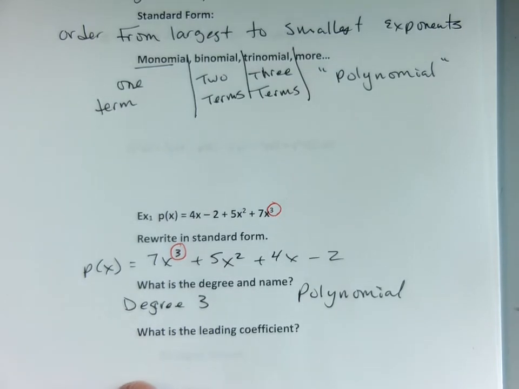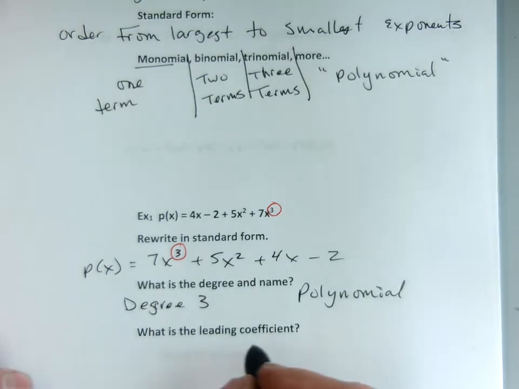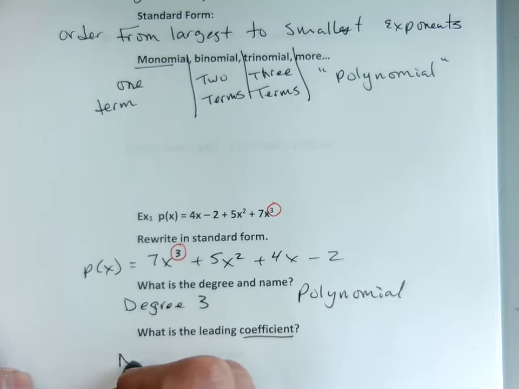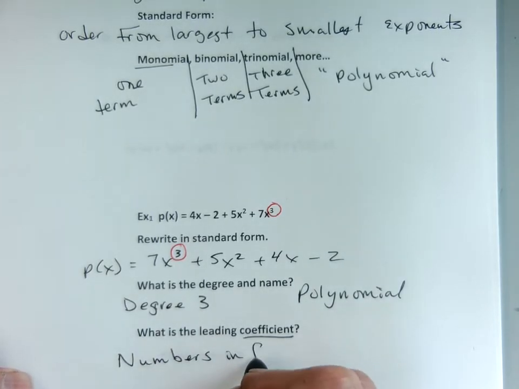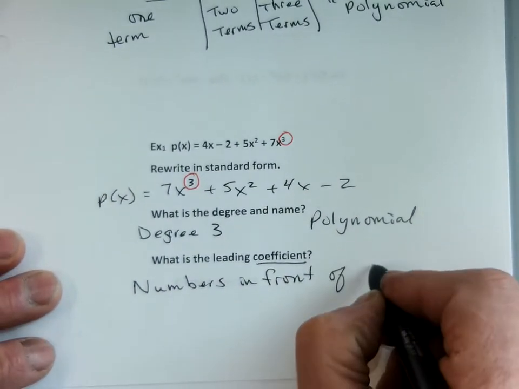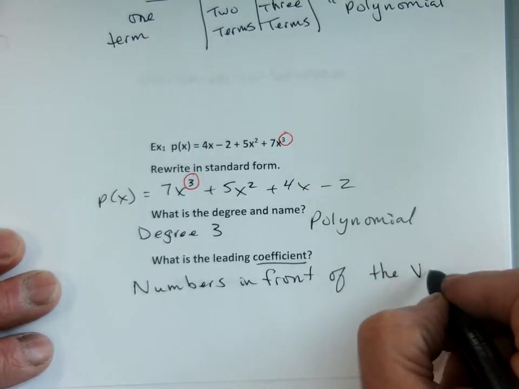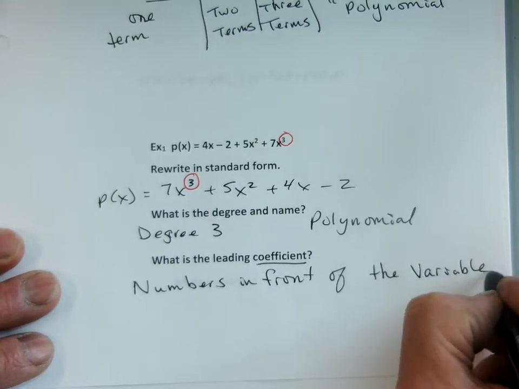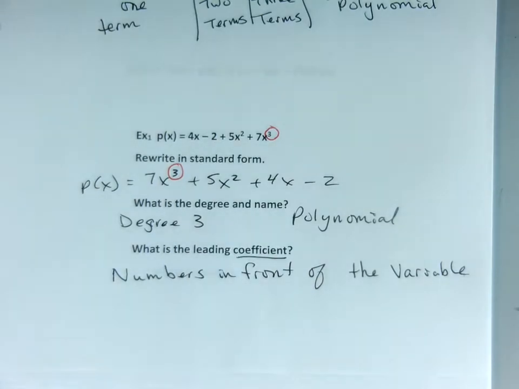Now the leading coefficient, after you get it in order, coefficients are the numbers in front of the variable. Coefficients are numbers in front of variables.